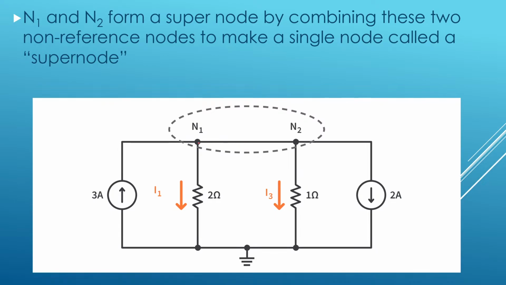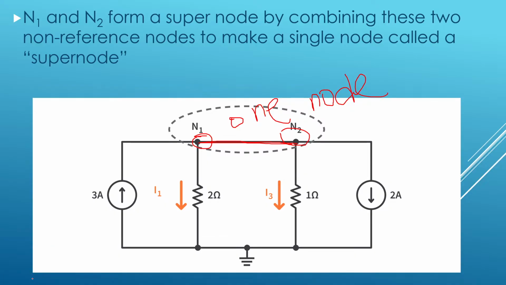So I have short circuited the voltage source. As I have already told you, if no element is there between two nodes, you can consider those two nodes as one node. So N1 and N2 become one node.